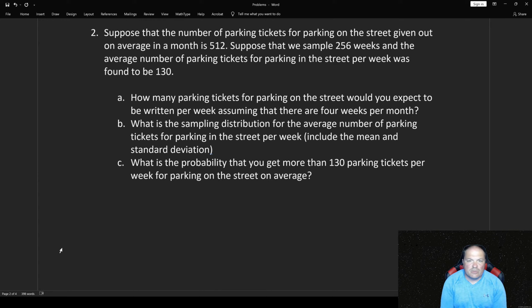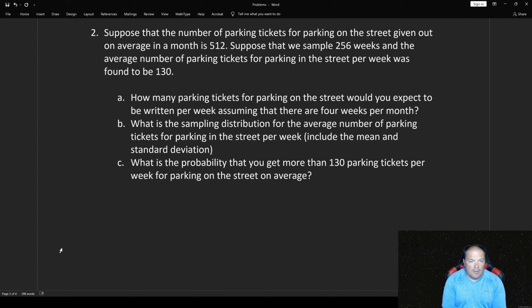Other than that, it's really just a lot of plug and chug with the z formula. Those types of problems will tell you somewhere that the data comes from a normal distribution. If there aren't any questions, then I'm going to move on to the next question.